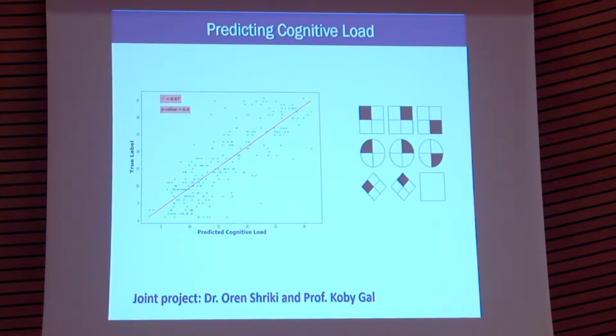Here's another project that we did in collaboration with Kobi Gal from Information and Systems Engineering. And we essentially let about 50 subjects do intelligence tests that involve this matrix of shapes, and you need to decide what is the missing shape.